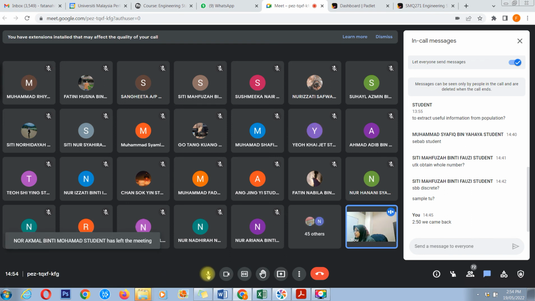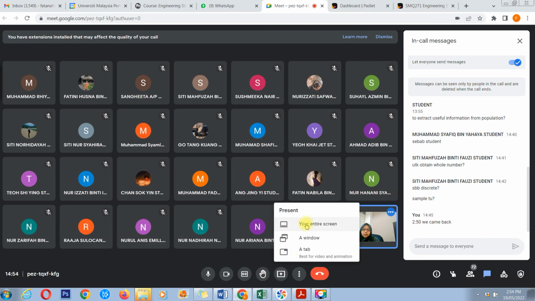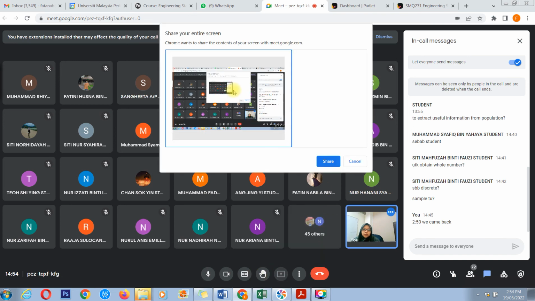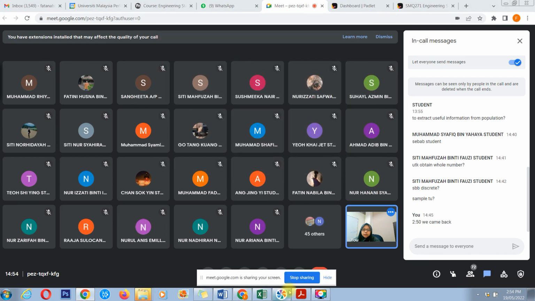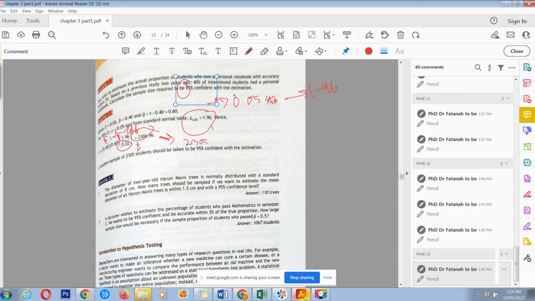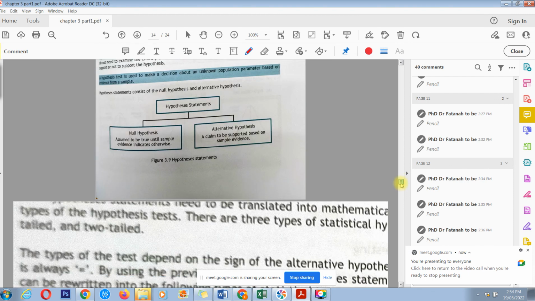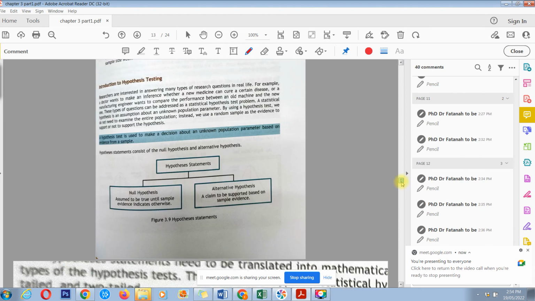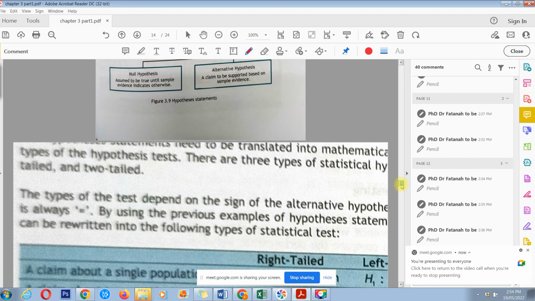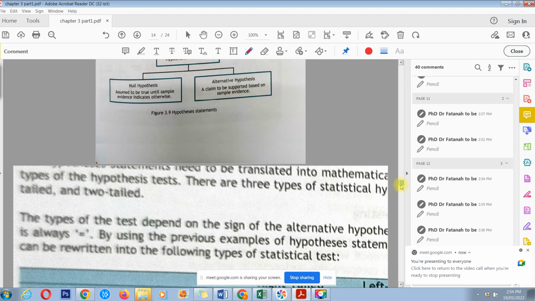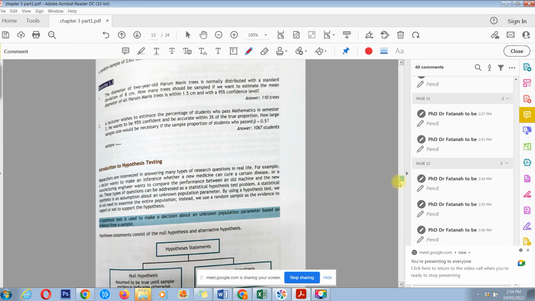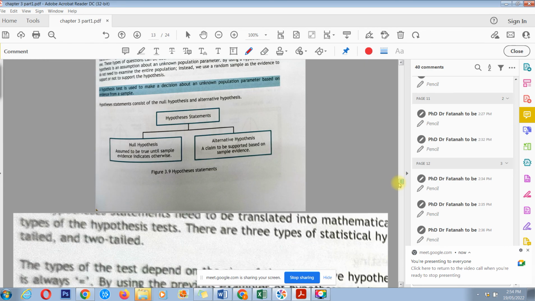Alright, so in hypothesis testing, this is the most important, because this is the first step before we go to the inference of statistics. In hypothesis testing, we have two hypotheses, null hypothesis and alternative hypothesis.